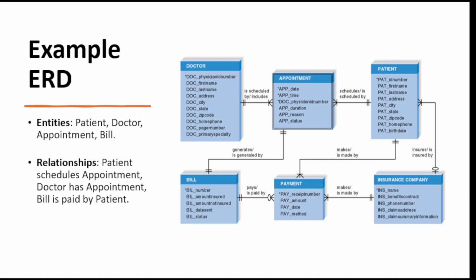Now looking at these small symbols, they can express some business rules like cardinality and modality. When we speak about cardinality here, we can say one doctor can have many appointments. Look at these three lines at the end.